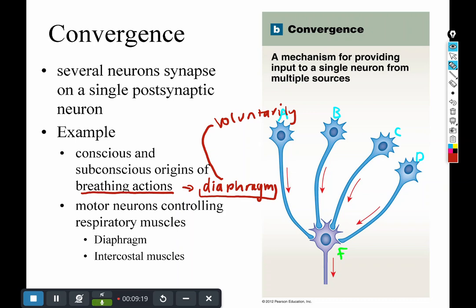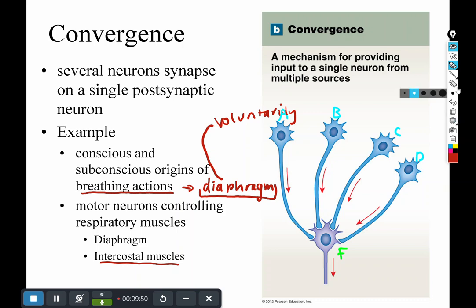And intercostal muscles are also involved, but generally the idea is you have a combination of inputs from presynaptic neurons, and those inputs are going to be a mixture of excitatory and inhibitory postsynaptic potentials, and those are summed up to determine the action of this particular neuron. And sometimes it's useful to do that when you are trying to split an important motor action between consciousness and subconsciousness. That's just one example.